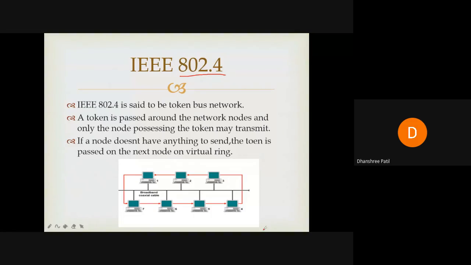In that same lecture, I told you that whatever standard comes under 802 will all be applicable for Ethernet, LAN and WAN. So 802 is specifically designed for Ethernet standards, right? So 802 point whatever there will be, 4, 5, 6, 7, 8, 9, 10, 15, 20, all those standards will be applicable for this Ethernet purpose.